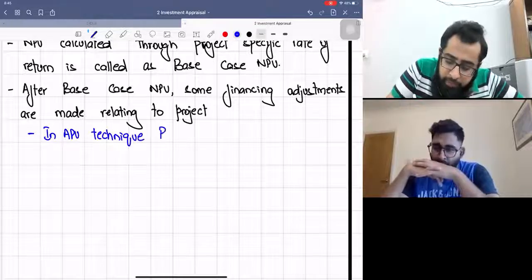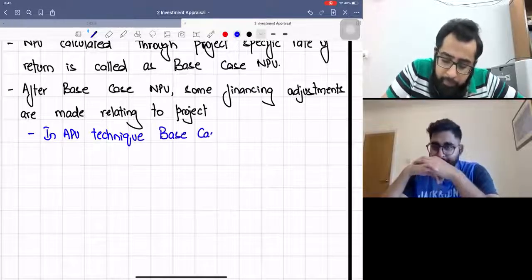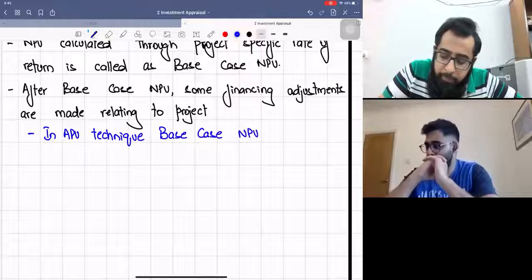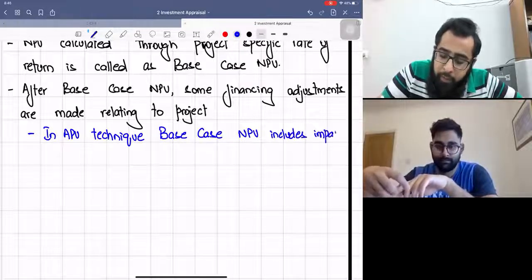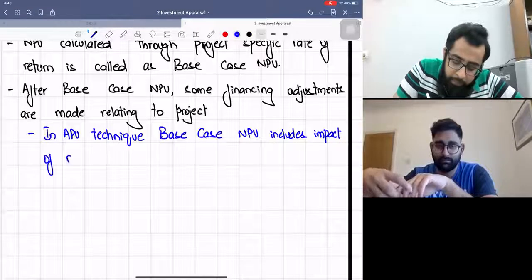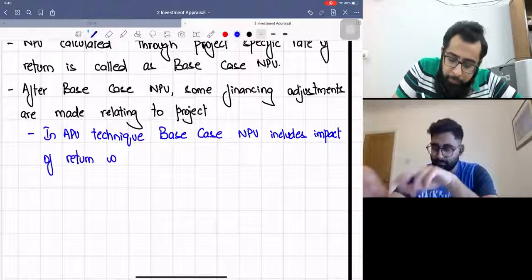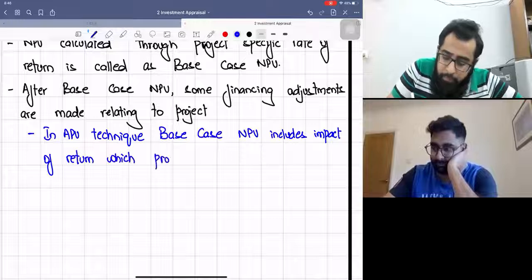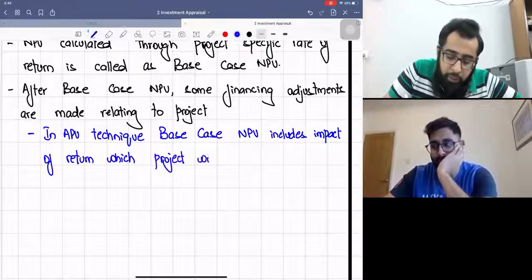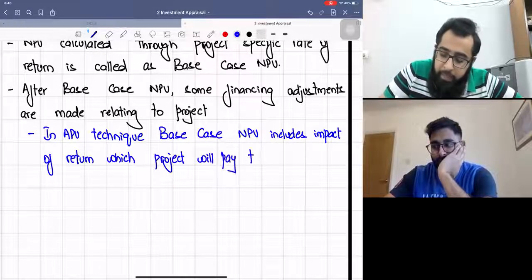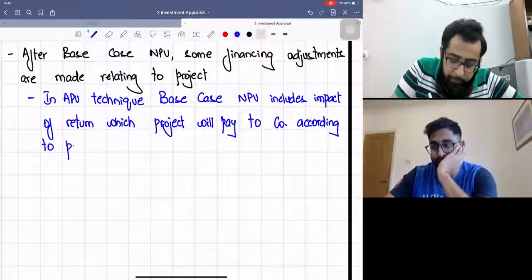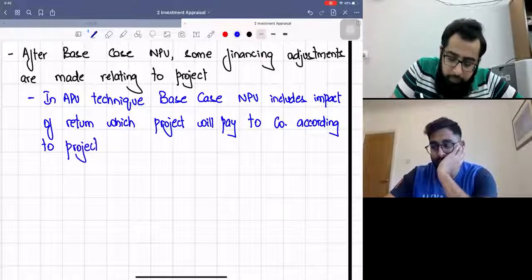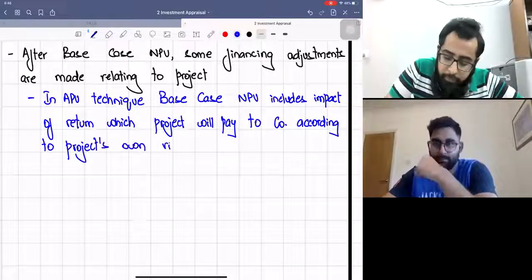Base case NPV includes the impact of the return which the project will pay to the company according to the project's own risk.